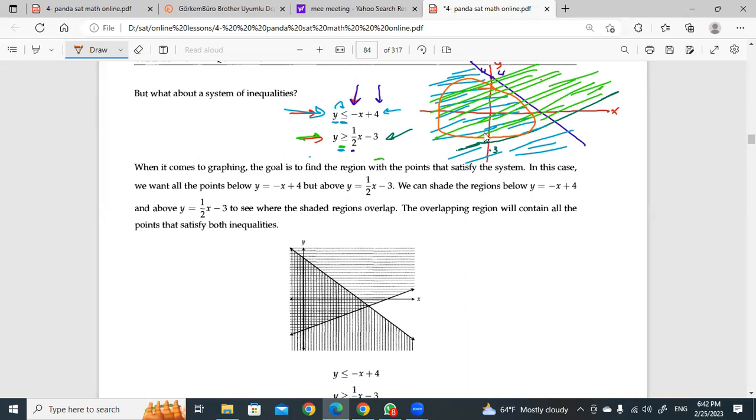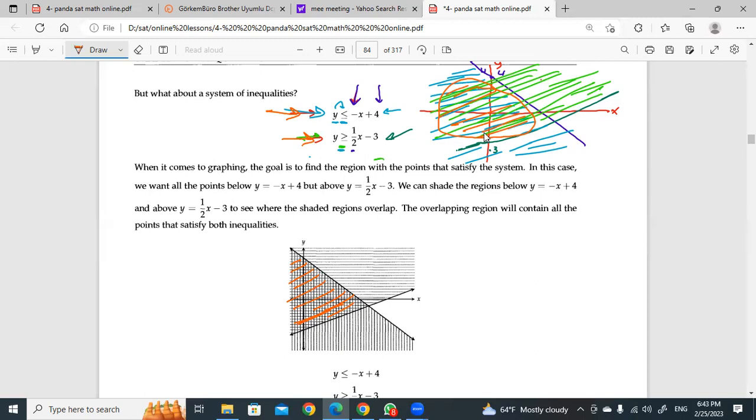Clear? So first I got the area below this line, and then I got the area at the top of this line. They will intersect in a common area between them, which is actually this area. Clear?